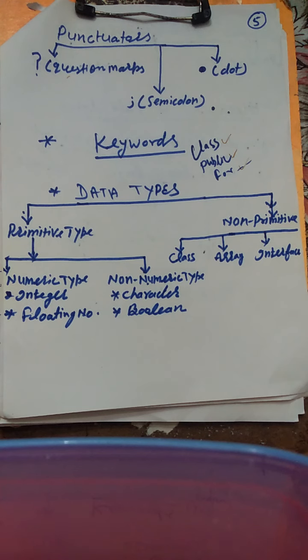Now we will discuss the data types in Java. The compiler must know the type of the data you are likely to supply for storage to ensure optimum utilization of memory space.